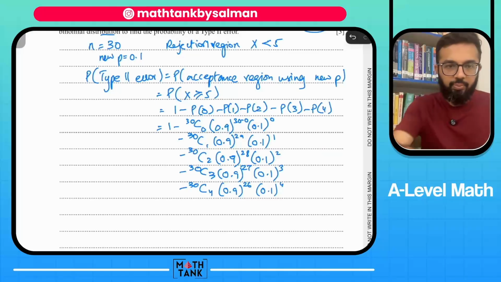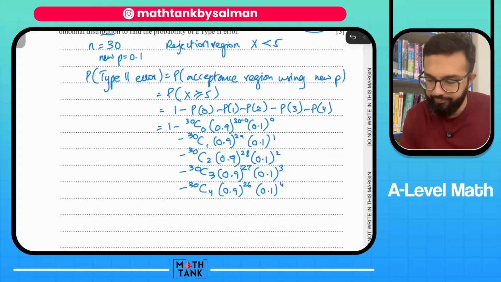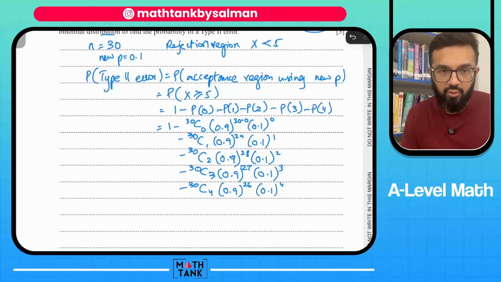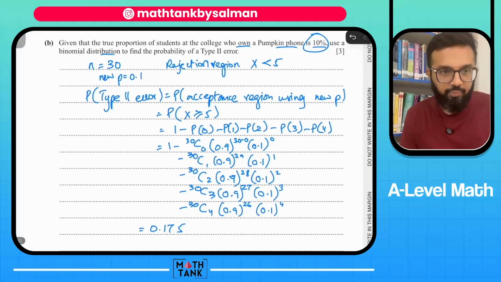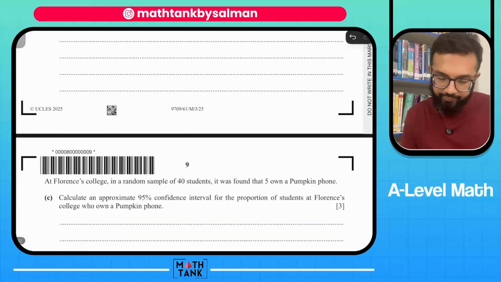Okay, let's do the binomial. So overall, it's giving me 0.175. Okay, that is the correct answer as well.